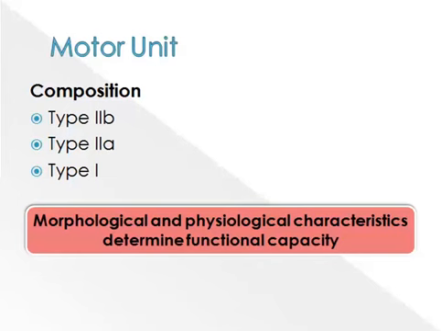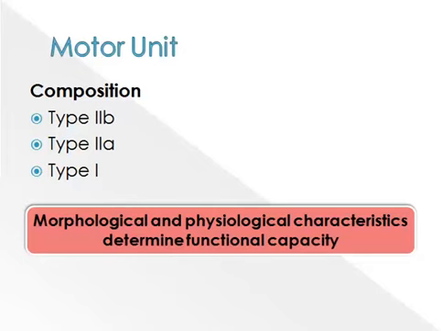So the motor unit is a general structure, but we do have different types of motor units. In other words, different compositions of motor units. We have type 2B, type 2A, and type 1 motor units. And the characteristics of each of these motor units really is a reflection or determines their functional capacity. And it's the morphological as well as the physiological characteristics that determine their function.